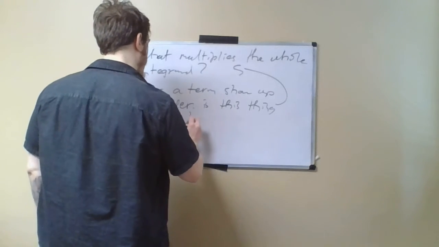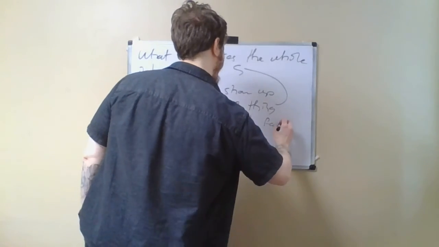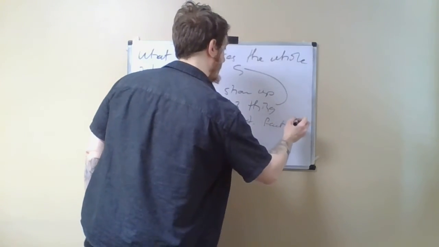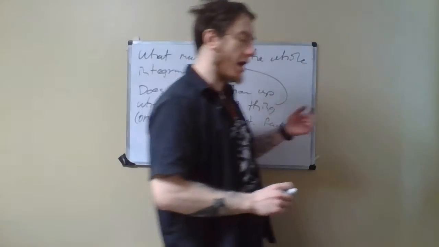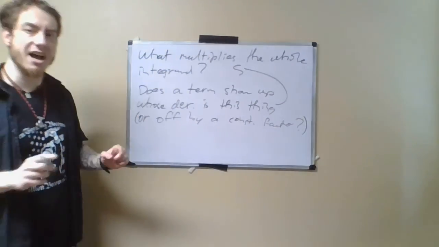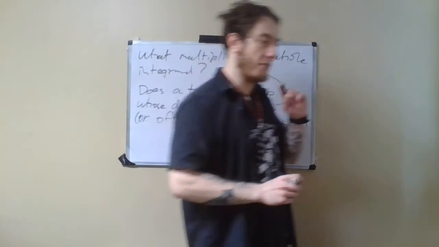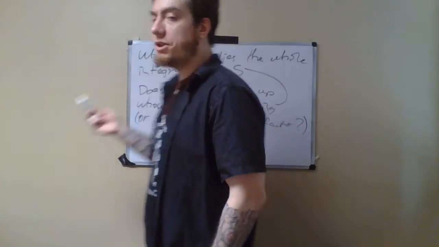Or maybe off by a constant factor. Because all we need is to hit it within a constant factor. We can always multiply and divide by constants to fix that problem, as we saw in some of these examples.